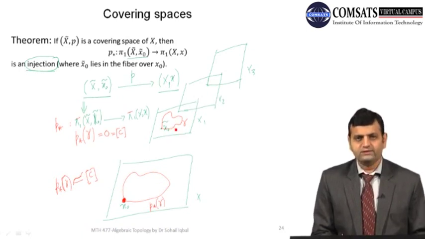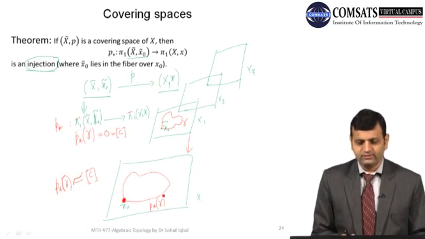But then what is that unique path such that when we apply p on that map, we will get p lower star gamma? Because we have seen that there will be a unique path such that when we apply p on this, we get this p lower star gamma.